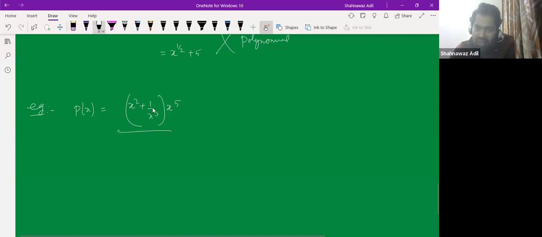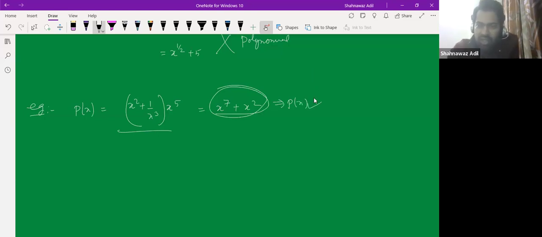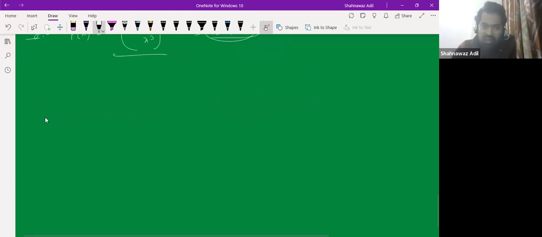Because this looks like a negative power, but when it is multiplied with this term, it becomes x squared. So this is the simplified form, and this is a polynomial. Okay, so this was what we learned in this part.